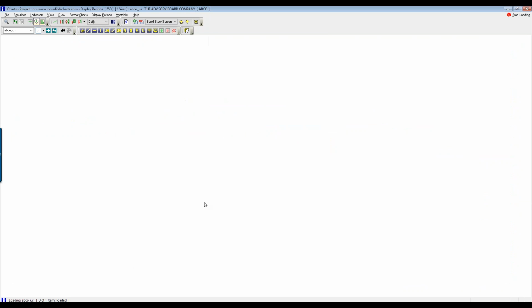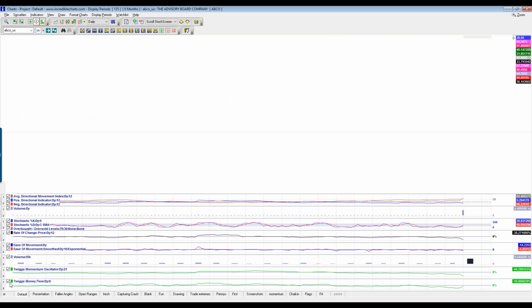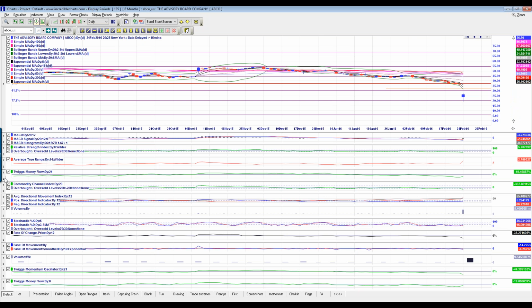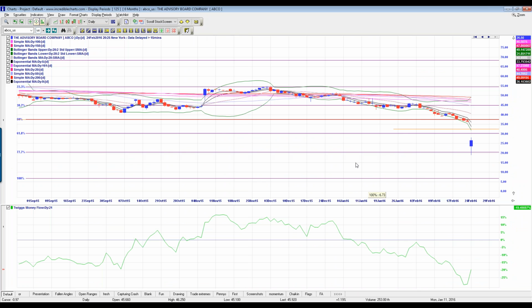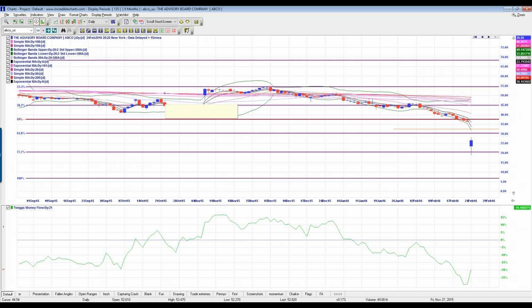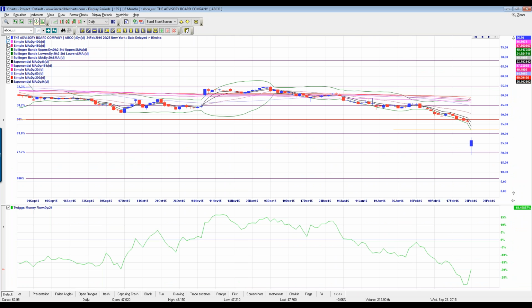Now let's go back to our smart money indicator. What do you see from the smart money? I can take all this other stuff off there just to make it a bit clearer for you. What do you see the smart money doing ahead of earnings?